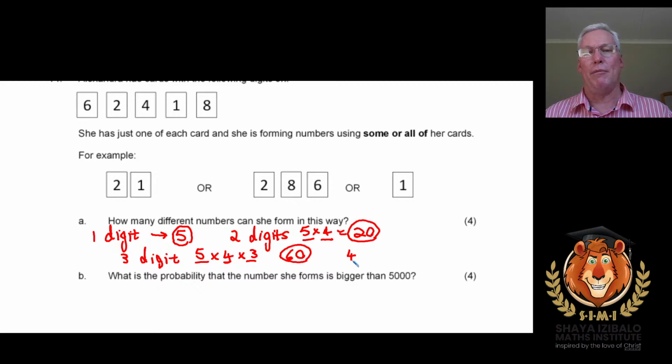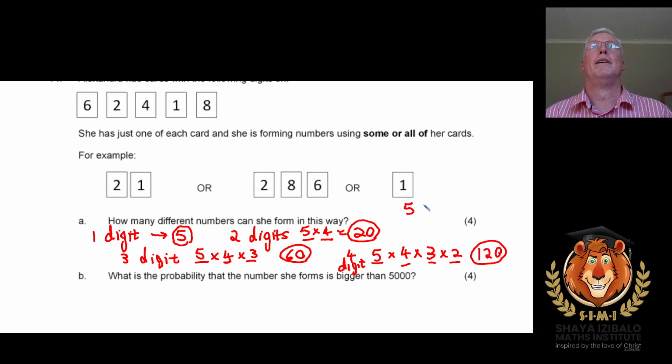If she wants to make 4-digit numbers, she's got a choice of 5, 4, 3, and 2. That gives us 120. And if she wants to make 5-digit numbers, she's got a choice of 5, 4, 3, 2, and in fact there's no choice for the last one, there's just one left.